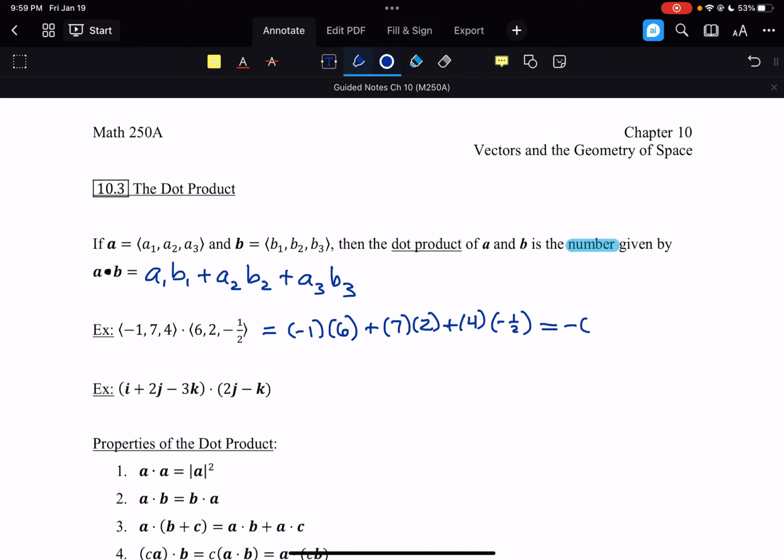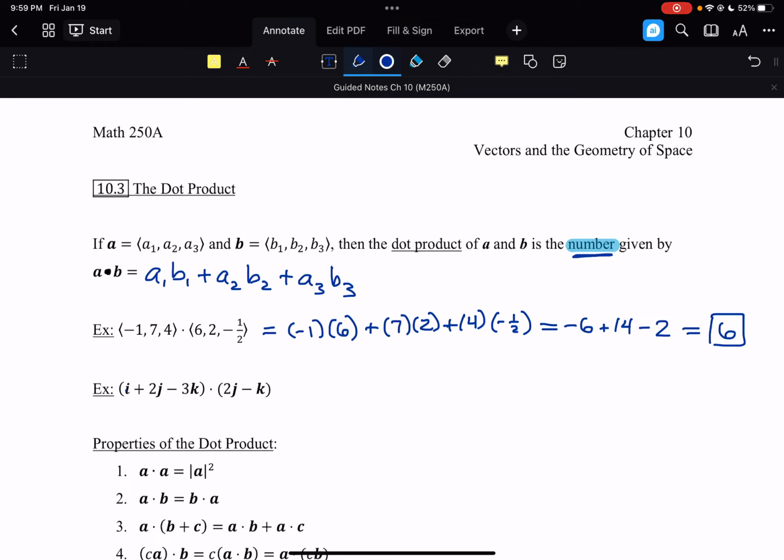So that's -6 plus 14 minus 2, which is 6. A very important thing to take note of, the dot product does produce a number or a scalar. So in this case, the dot product between these two vectors is 6.